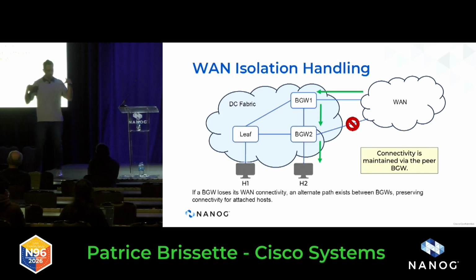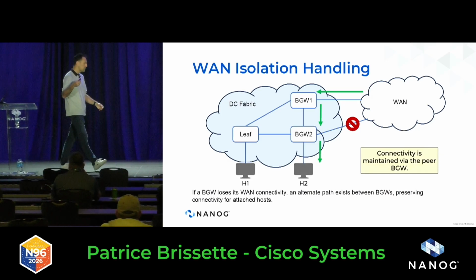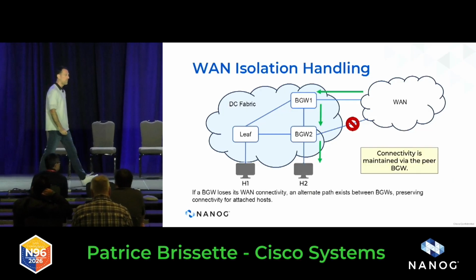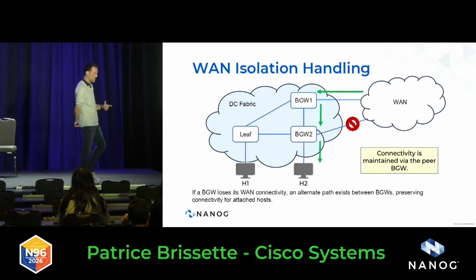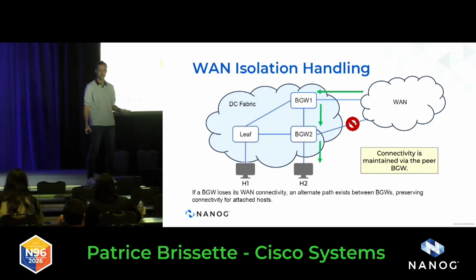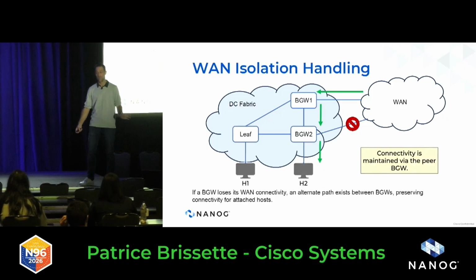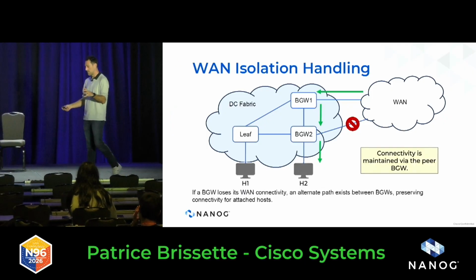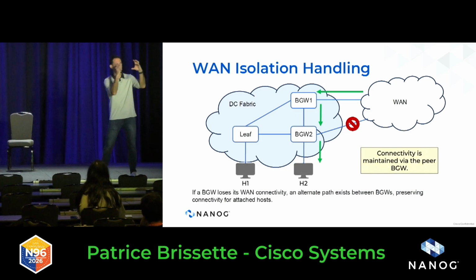But then whenever you're building those cheap data centers, some people will say, but Patrice, you're asking me also to pay the price for having a border gateway. Why do I need to have both? True. So this is why some of the people take the border leaf functionality of going VRF lite or to northbound customer or having more connected hosts and bring that up into the border gateway nodes.